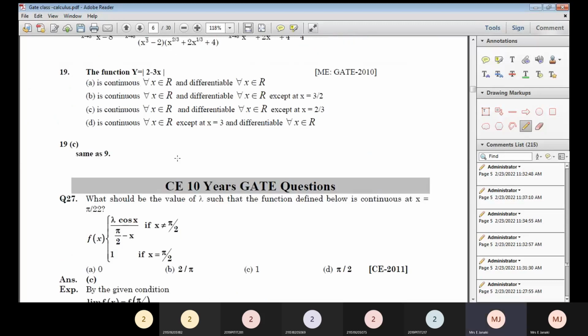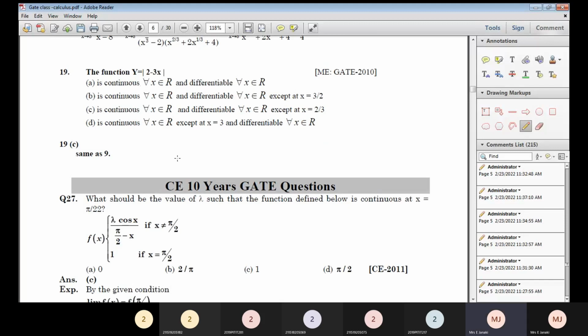Then next, the function y is equal to 2 minus 3x is continuous for all x belongs to R and differentiable for all x belongs to R. For this function, there are 4 options given. The given function y is continuous and differentiable except at the point x is equal to 3 by 2.